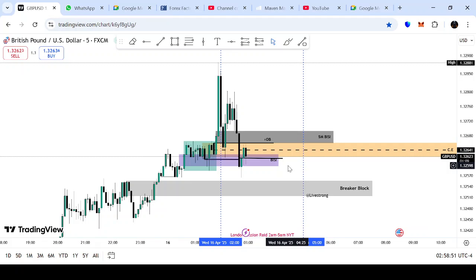That's the 5 minute time frame. So you have to have patience. Each candle there is 5 minutes, open and close. You have to have patience.